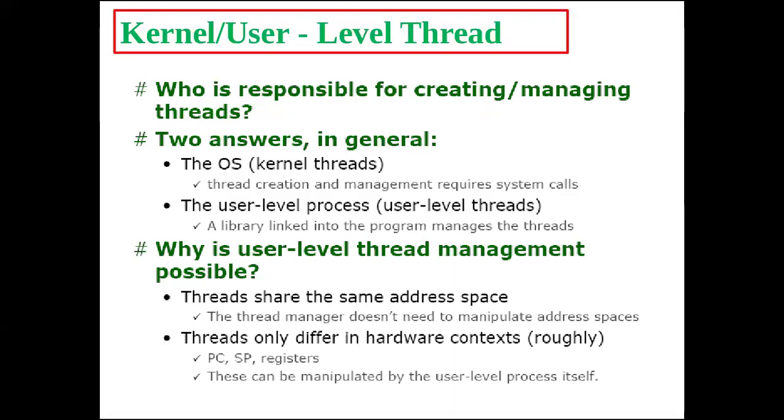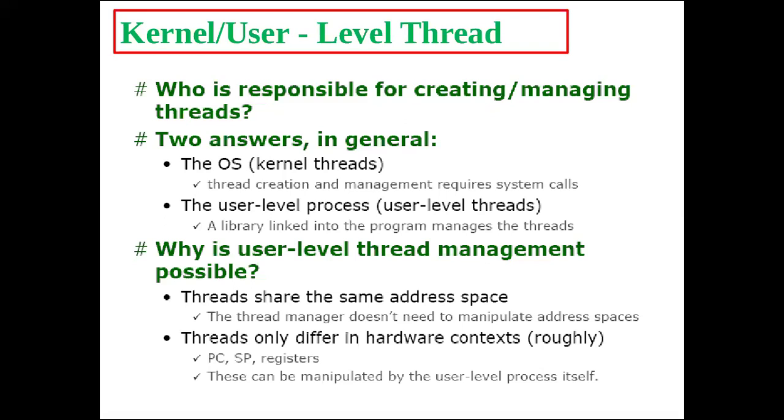And the second reason is that threads differ only in hardware context. This includes the program counter, your instruction pointer, stack pointer, and registers. These can be manipulated by the user level process itself. No need for kernel intervention.